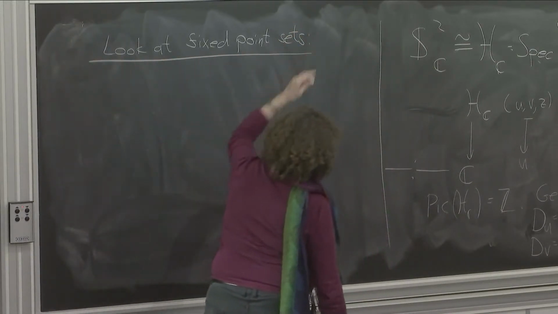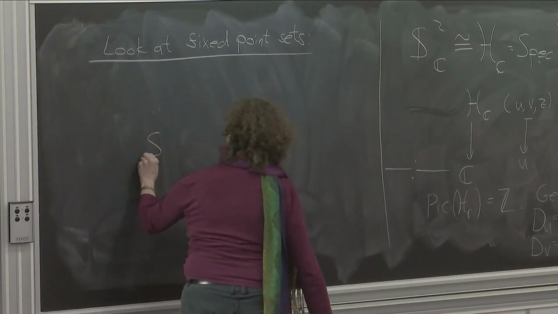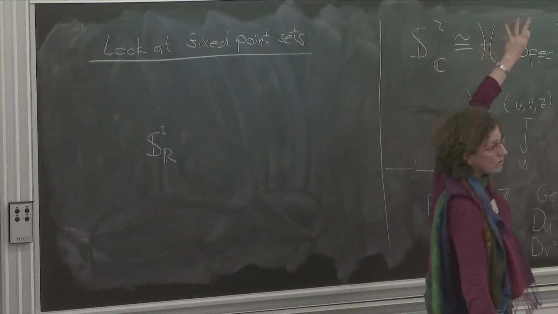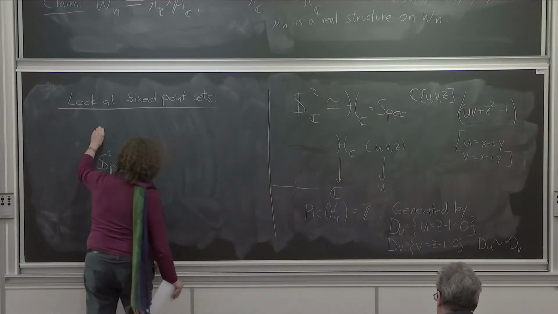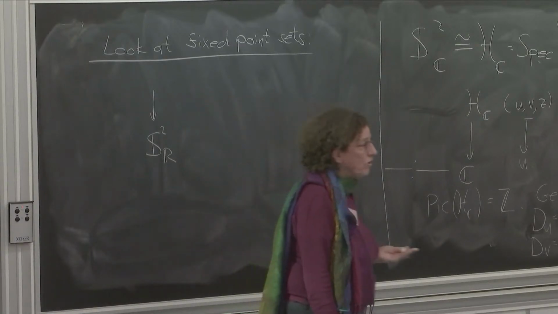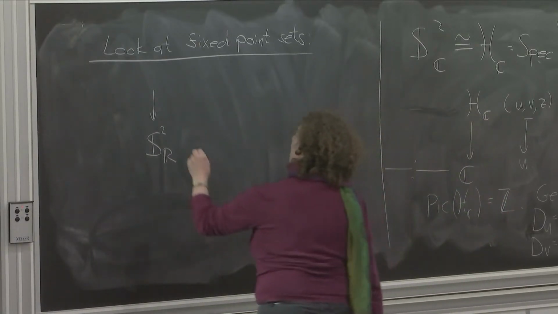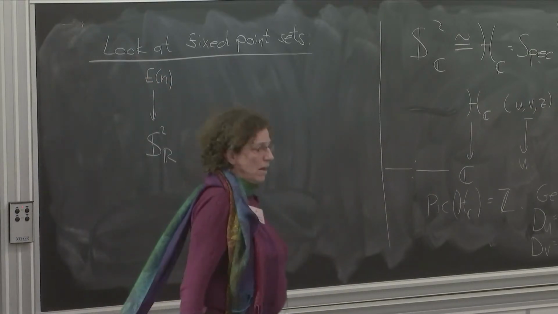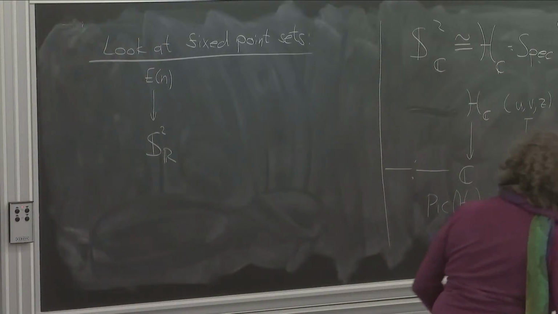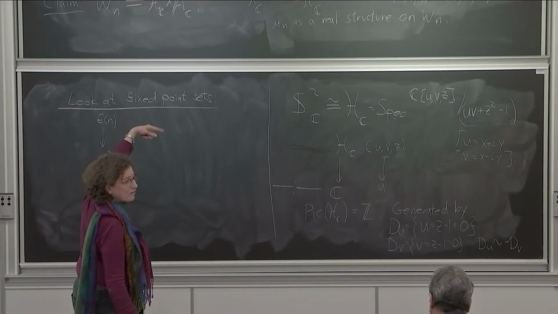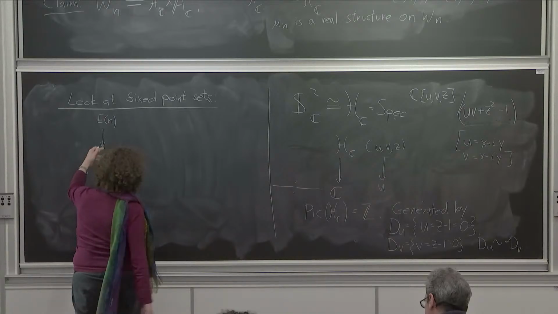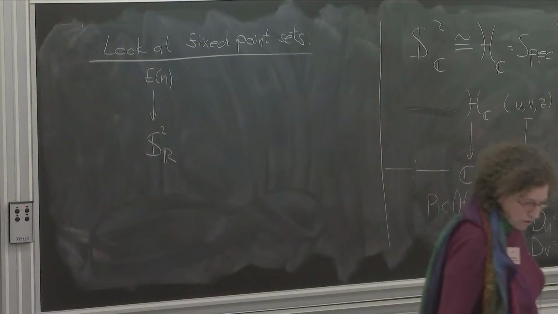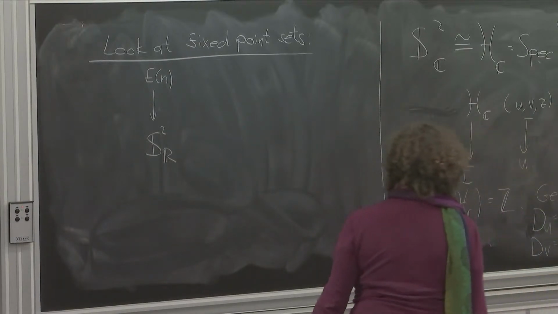If I look at the fixed point set on the base, I get the real sphere. That's why I switched to U and V. And on the top, I'm going to get a rank 2 vector bundle, which I will call En. Well, I'm not going to do it here, but it's not hard to just look at the transition function and find out who this is. Well, we know about rank 2 vector bundles on the sphere.